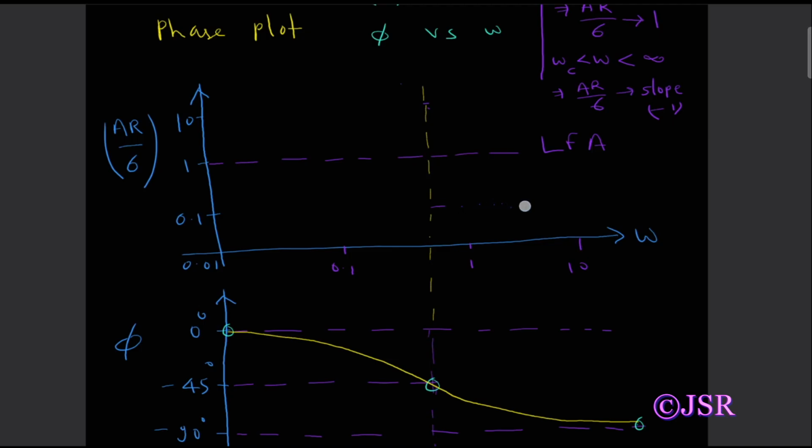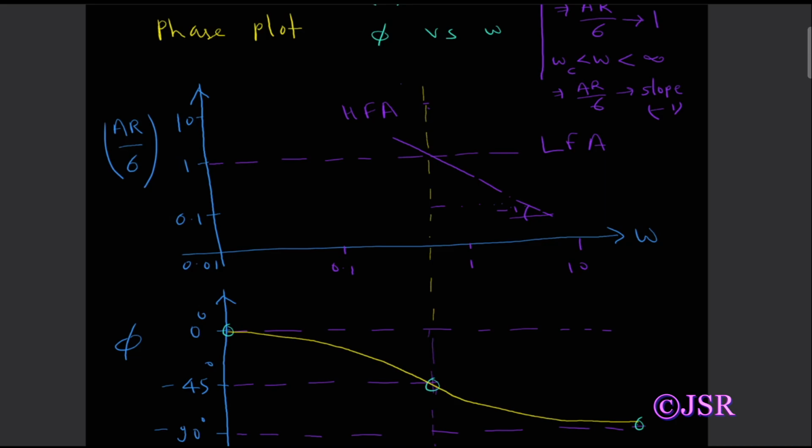This way, so this will be the asymptote line. So the slope of the high frequency asymptote should be -1.